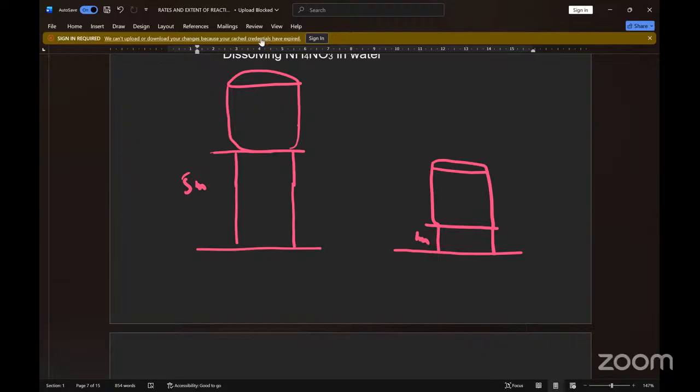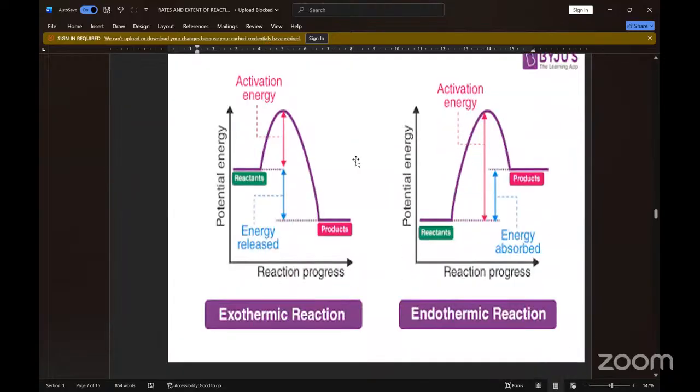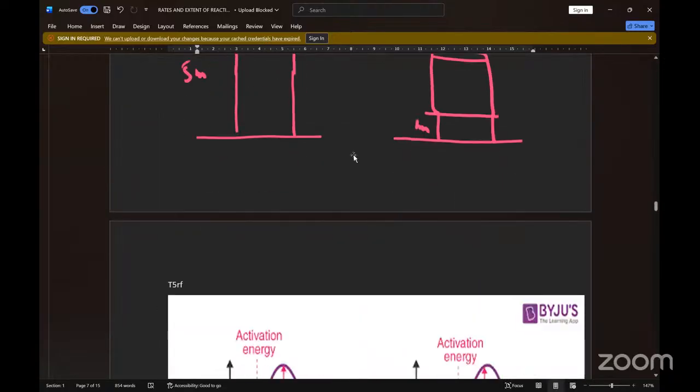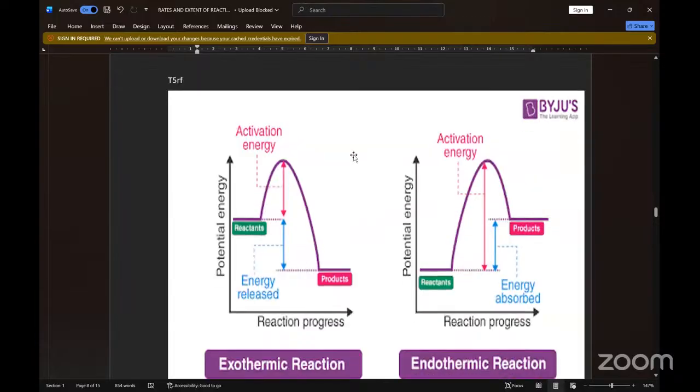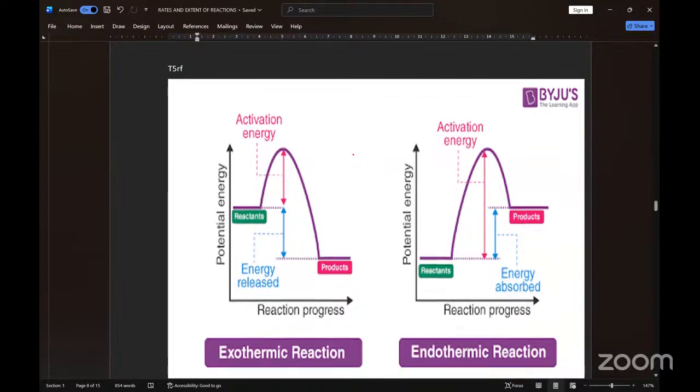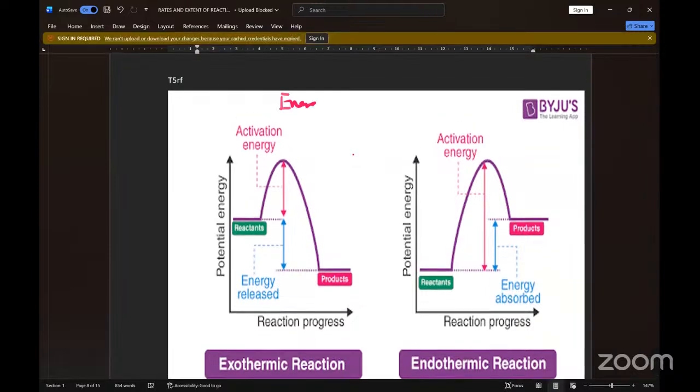So with respect to these diagrams, I'm going to talk about this diagram shortly. We call this the energy profile diagram. These are called energy profile diagrams, not profile pictures, please.